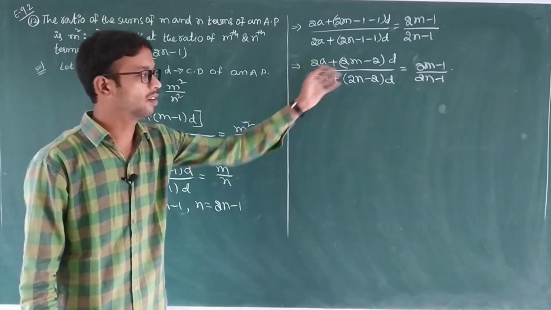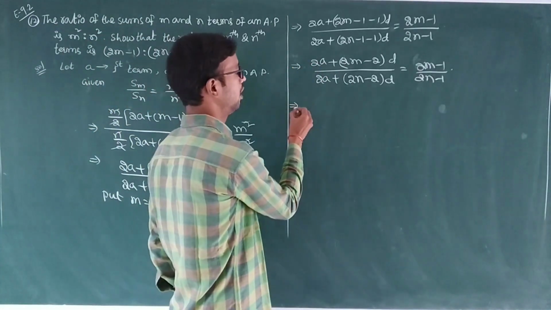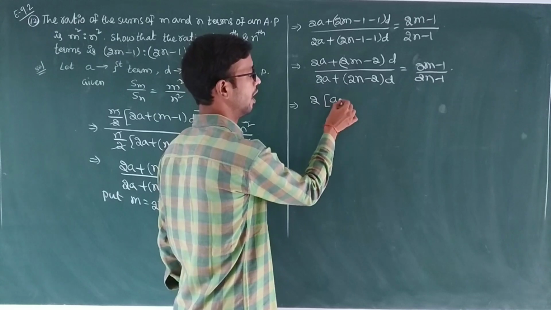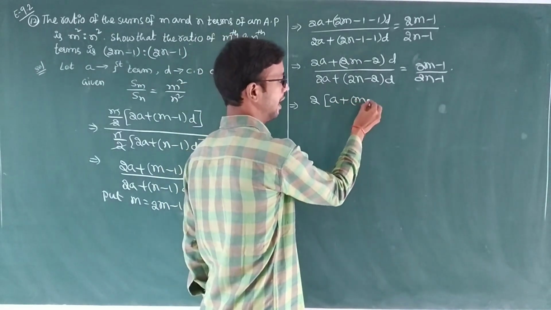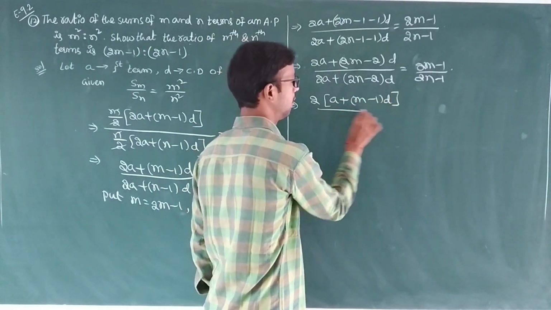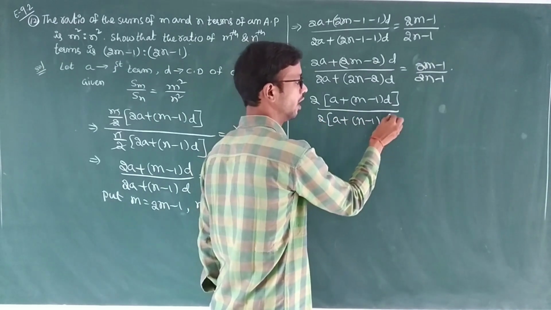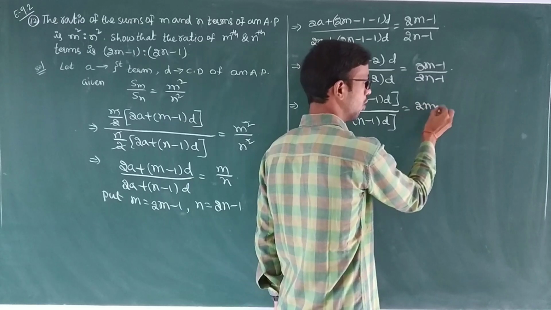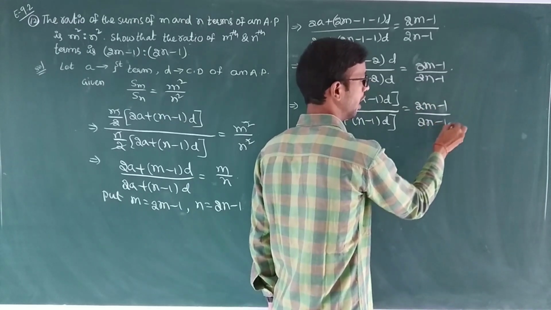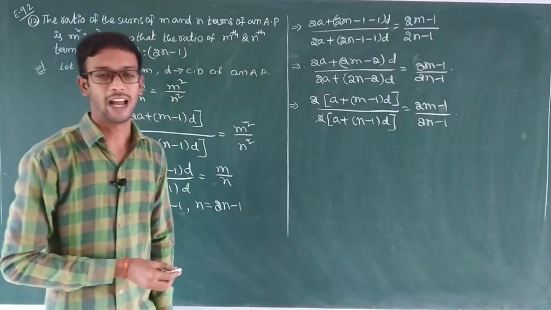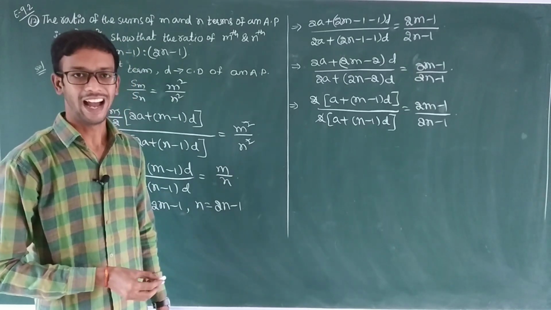So now what is the common value in this total? Common value is 2. (a + (m − 1)d) divided by 2 common, (a + (n − 1)d) is equal to (2m − 1) by (2n − 1). 2 get cancelled.